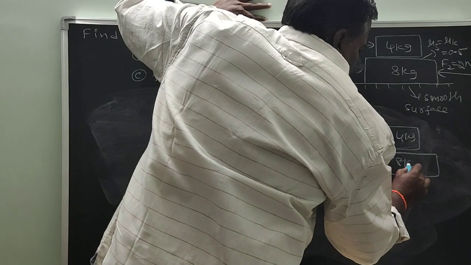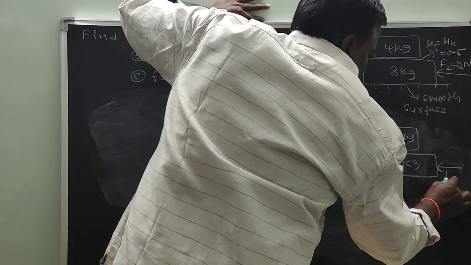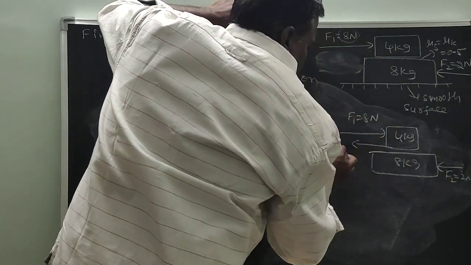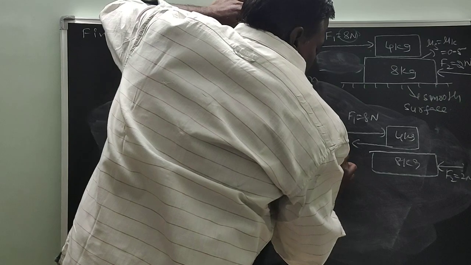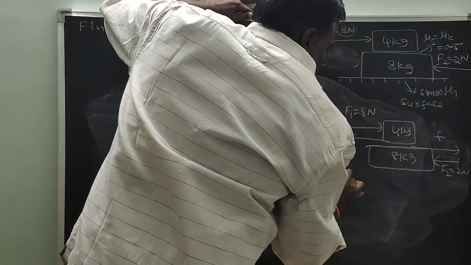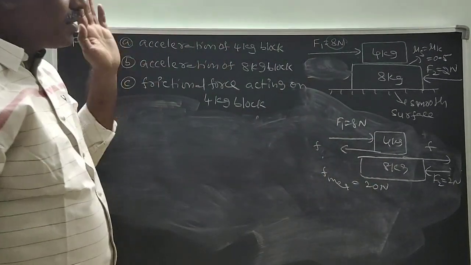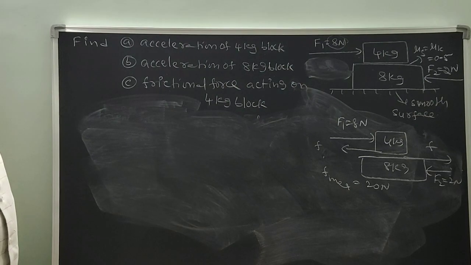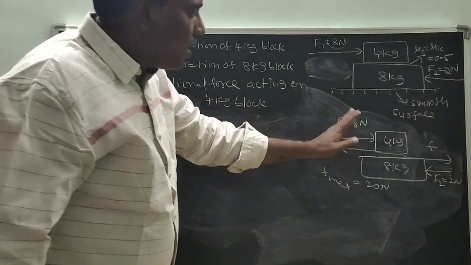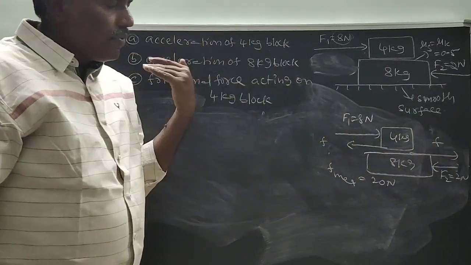This is the 8 kg block, on which the force F2 is equal to 2 Newton. The maximum frictional force F is equal to 20 Newton. Here this 8 Newton is towards right, 2 Newton is towards left.